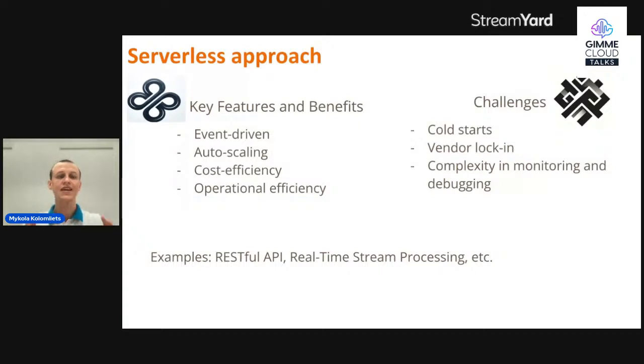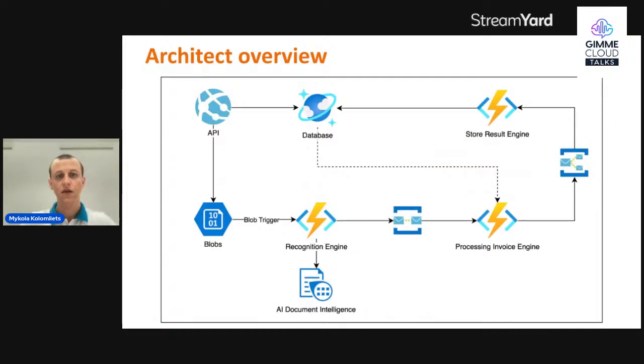And what are good examples? A RESTful API, and real-time stream processing, where the serverless approach is good and shows all the possibilities it has. And this is an example of architecture for this pipeline and serverless approach.